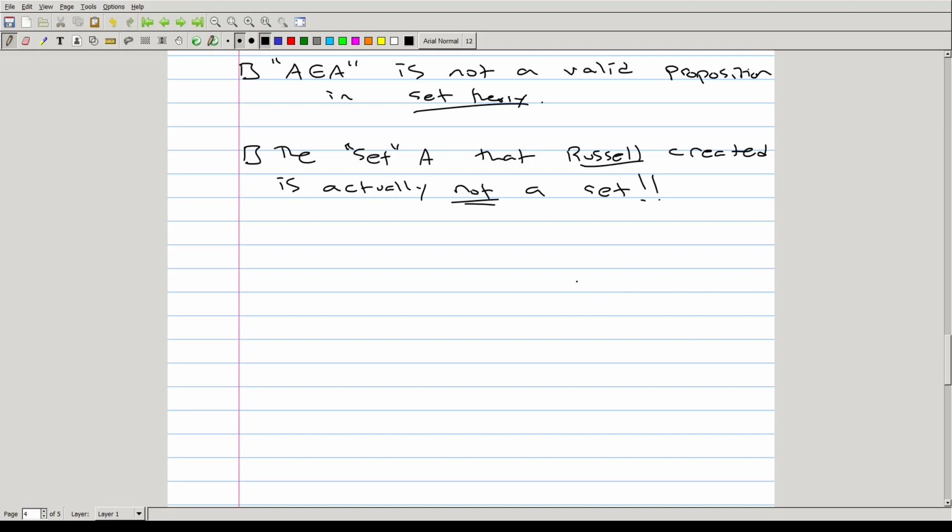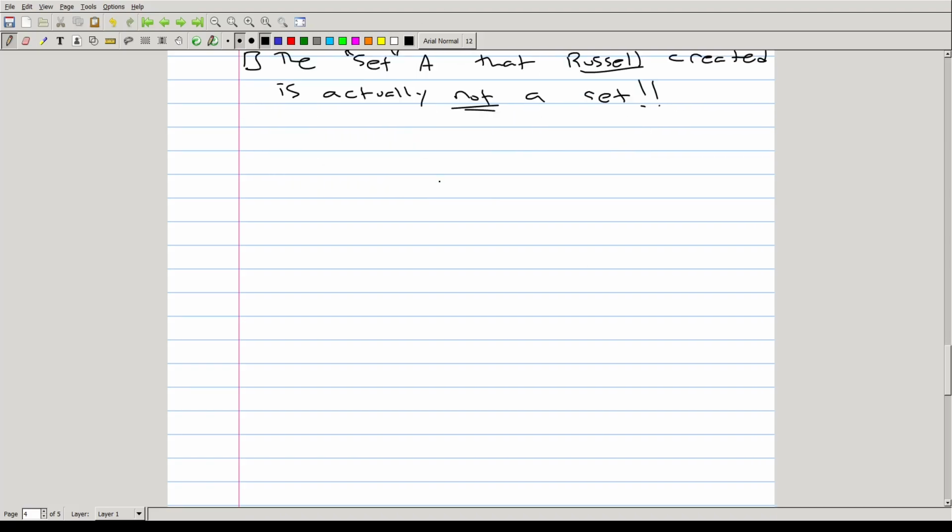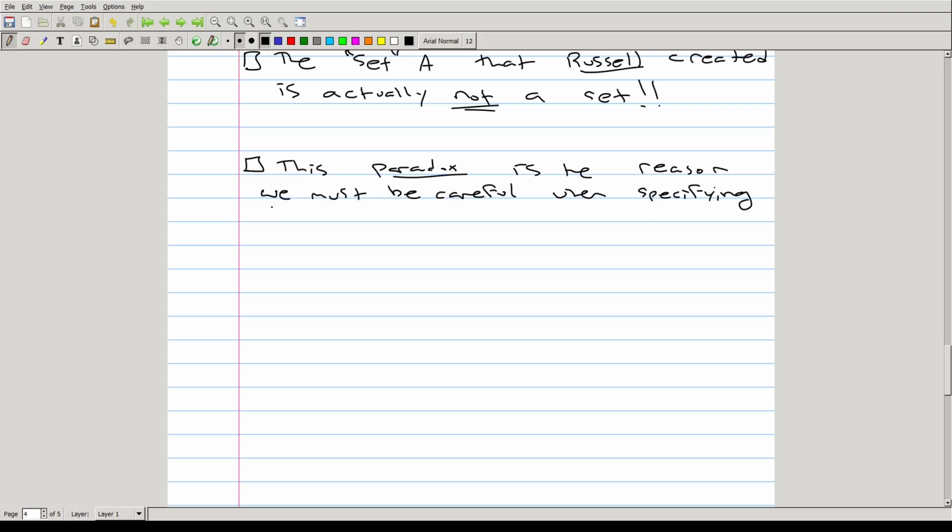We'll find out that it's actually impossible to have something defined like this A. But the main point here is that this paradox that comes about as a result of naive set theory is the reason that we have to be careful in deciding the axioms of set theory.